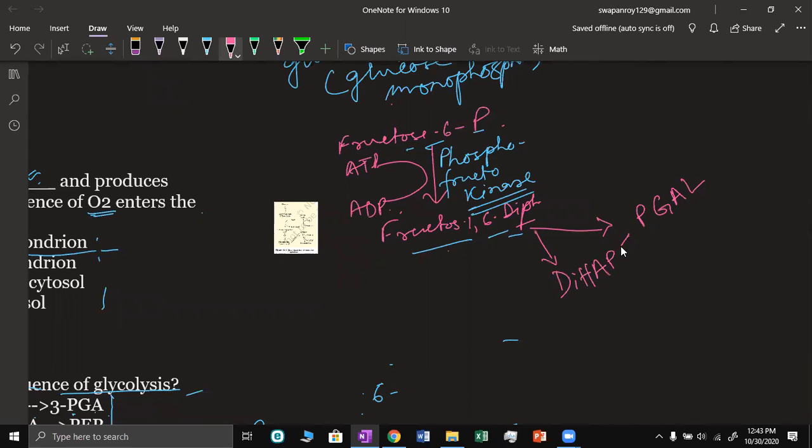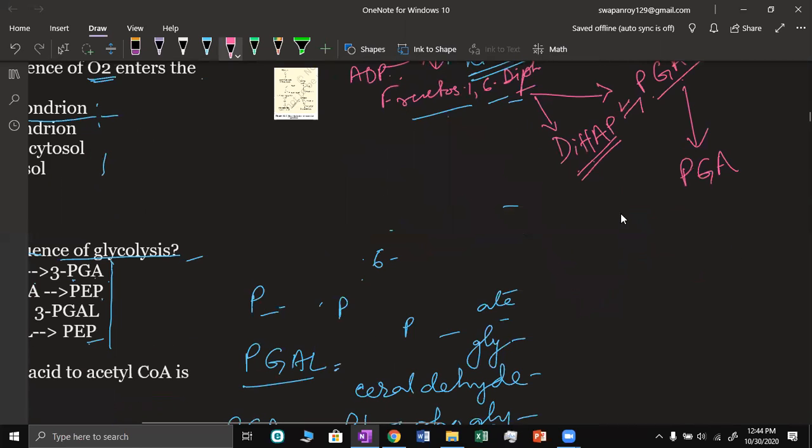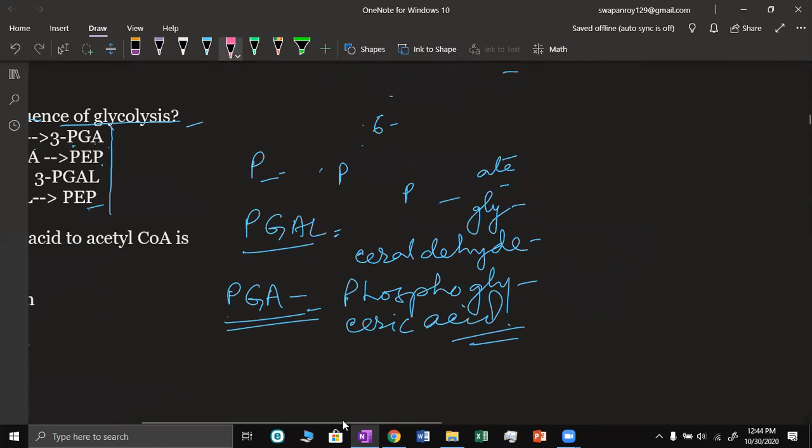These two are isomers. PGAL can change into dihydroxyacetone phosphate, and dihydroxyacetone phosphate can change into PGAL. This PGAL then changes into PGA, phosphoglyceric acid.